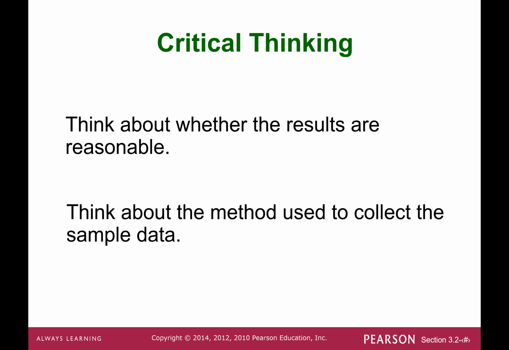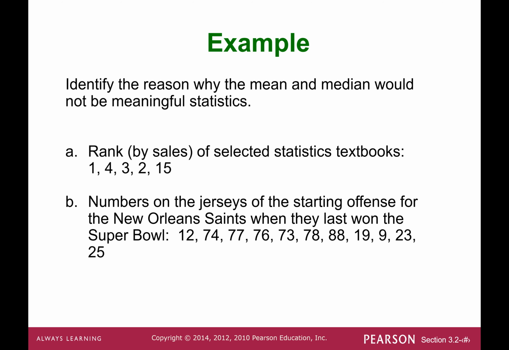So now sometimes you have to consider whether the results are reasonable. Say you calculate the mean, median, mode, but you need to be able to explain it, interpret it. So for example, we have 2 different examples here. Rank by sales of selected statistical textbook. So here we can calculate the mean. Mean x bar equals summation of x over sample size.